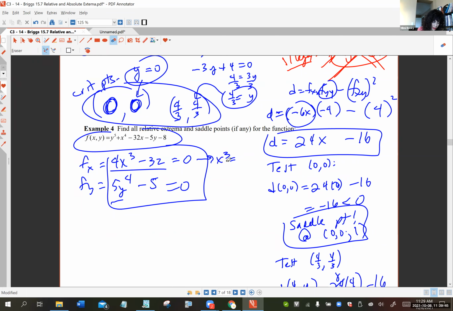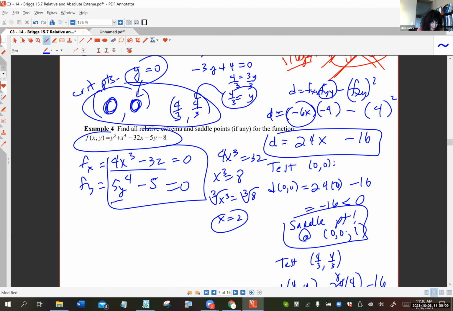If you add 32 to both sides, you get 4x cubed equals 32. Then if you divide both sides by 4, you get x cubed equals 8. And then if you cube root both sides, and no, you don't need a plus or minus when you cube root both sides, okay? That's only for taking an even root of both sides. I get x equals 2.